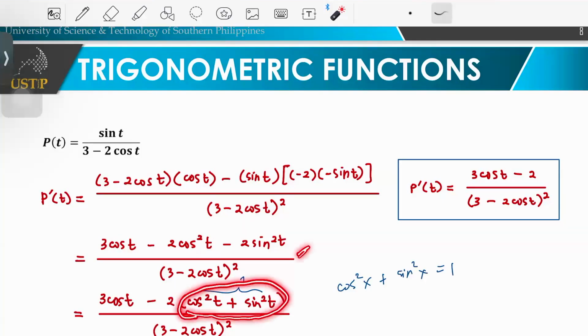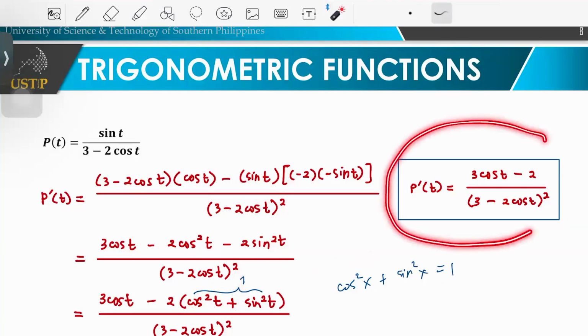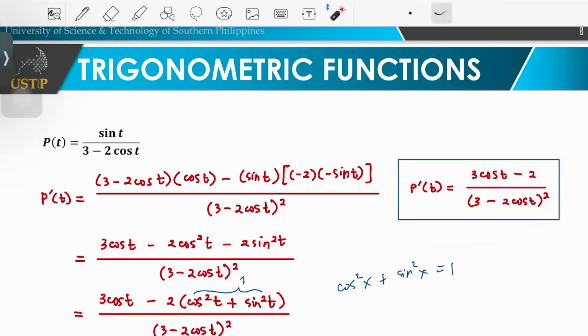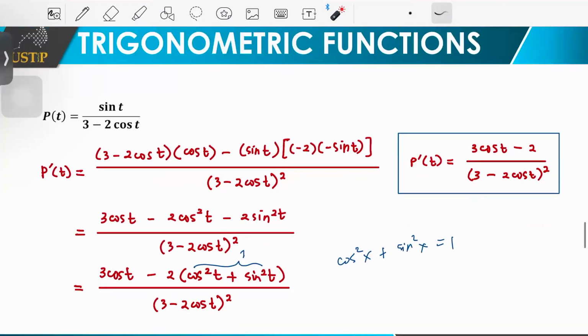After simplifying this one, nakakuha ta og cosine squared t plus sine squared t. And from this identity, that would be just equal to 1. Okay, so that's why we have this final answer sa imong p prime of t. Dagag identity gyapon sa trigonometric class, pero kani ang pinaka-common. Okay, if you remember.